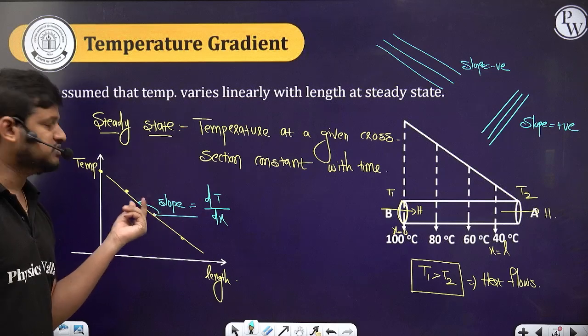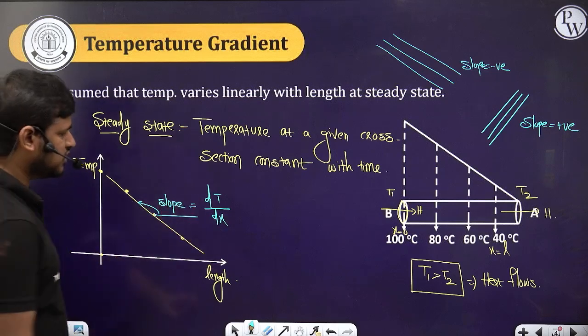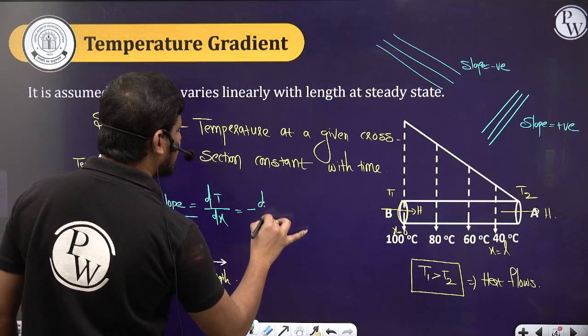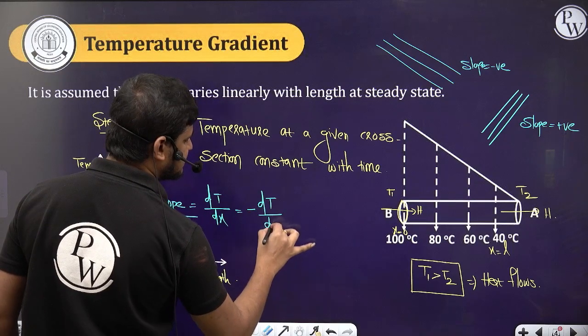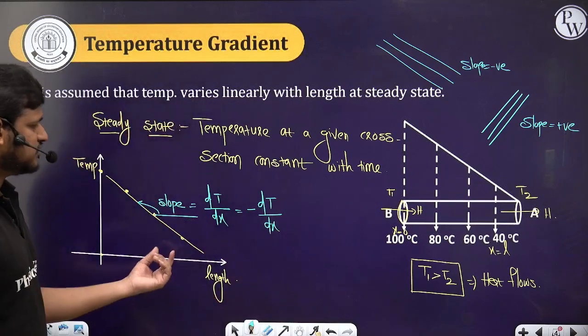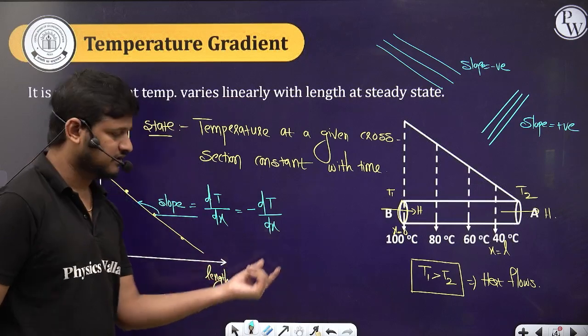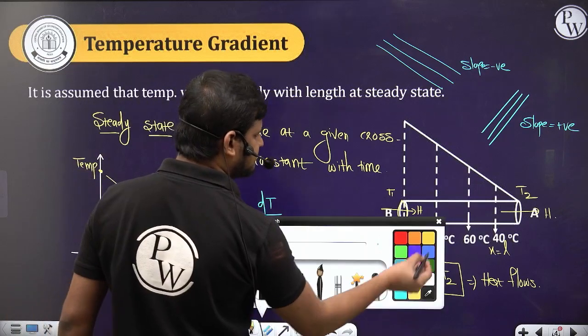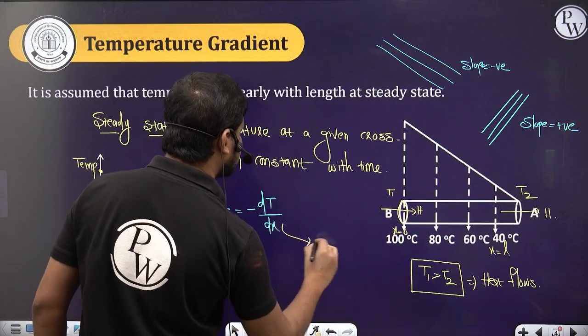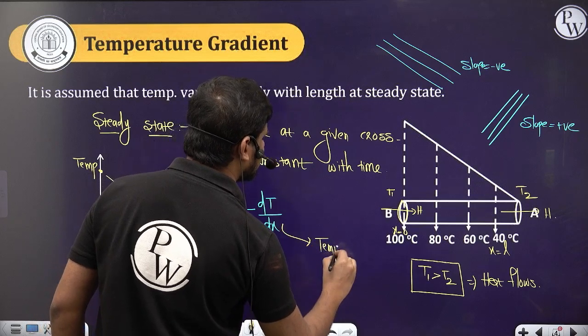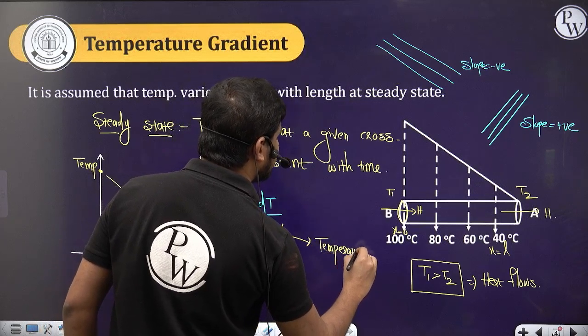For an obtuse angle, tan is negative. So that's why this is going to be minus dT by dx. What is this x? This is the length here. So this is called the temperature gradient. This temperature gradient will be negative actually.